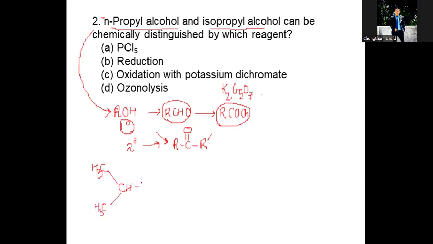And remember, I have explained before that secondary alcohol on oxidation gives rise to ketone. So this is your propanone. So the answer will be C.